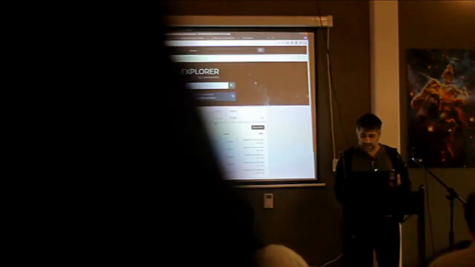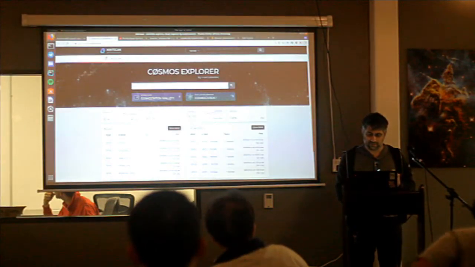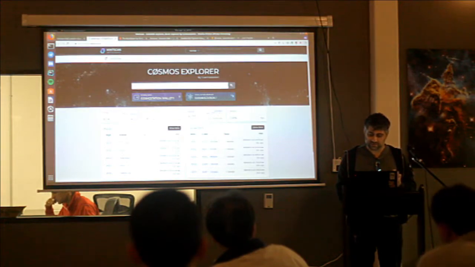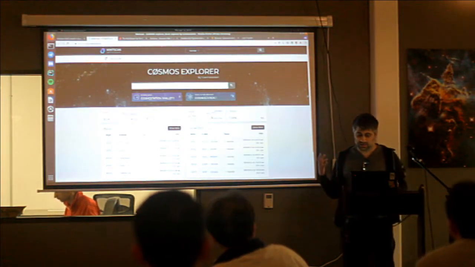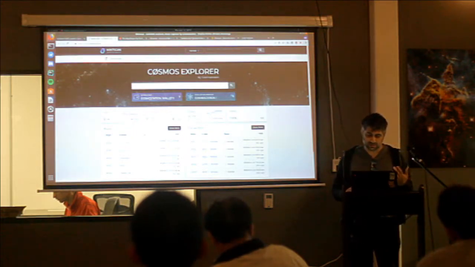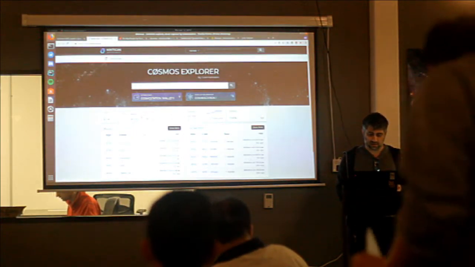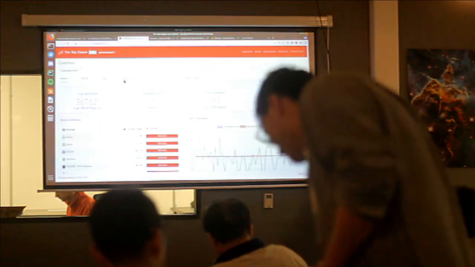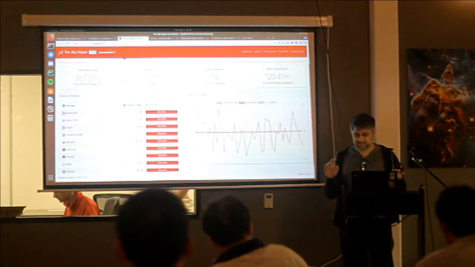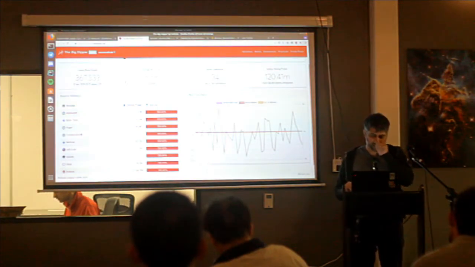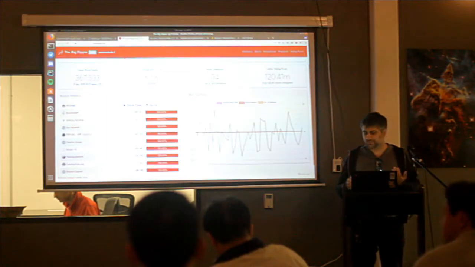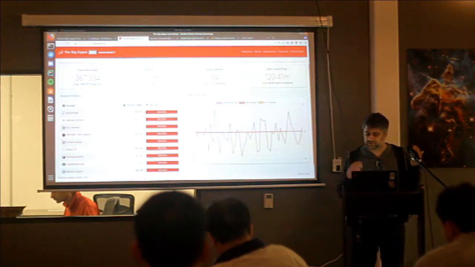Where we are right now is about 50% of the network is bonded, which is pretty good. I'm pretty happy with that. And so that's the state of things. We make a block roughly every 6.8 seconds. Also nice, nowhere near as fast as we could be going, but the blocks are mostly empty.